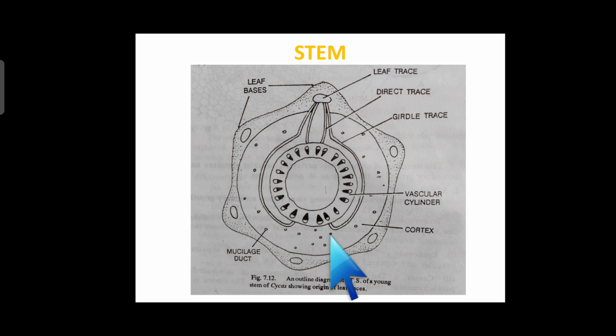So the cortex is filled with starch grains and is traversed by many simple and girdled leaf traces. These are known as the direct trace and these are known as the girdle trace. So the cortex is traversed by these simple and girdled leaf traces, and you can see numerous mucilage canals scattered throughout the cortex region.